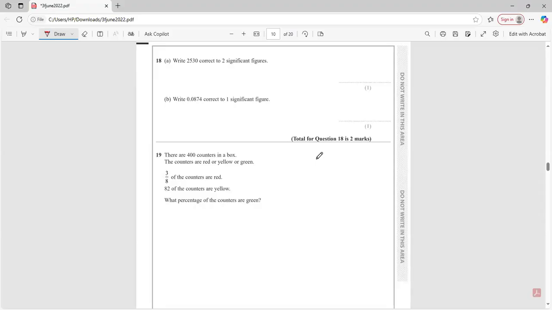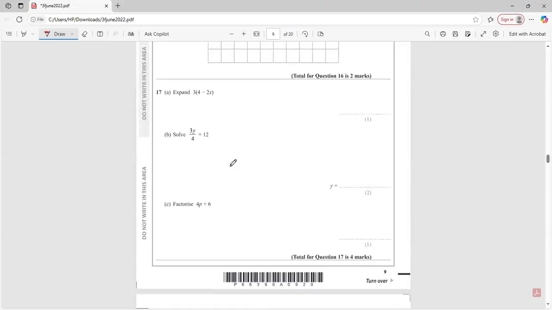What else? This one looks like probability or percentage. So can you do number 19? Oh, yes, yes. Okay, all right. Okay, moving on.